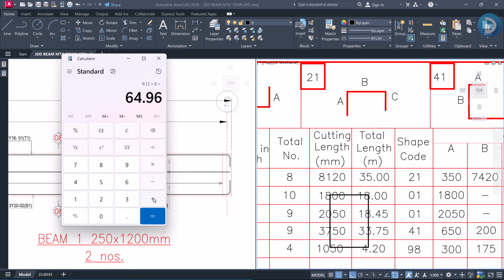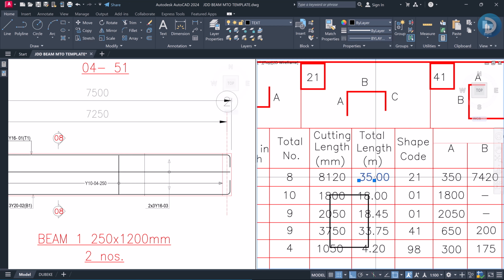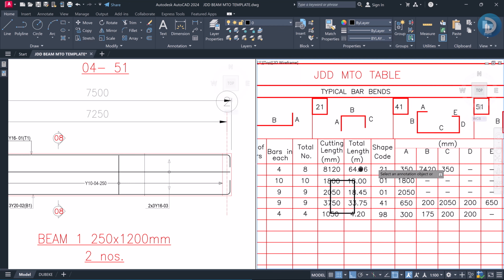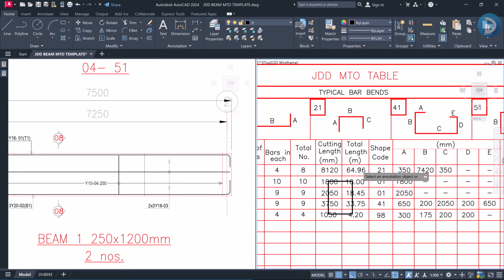So I will come here and edit this to 64.96. Okay, so this becomes the total length of y16 required in order to achieve our bar mark 01, right?